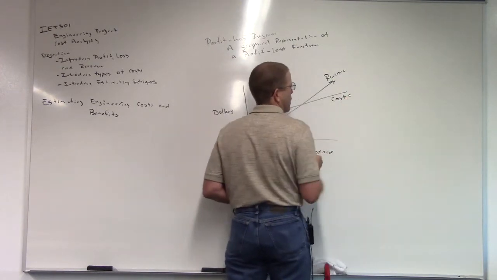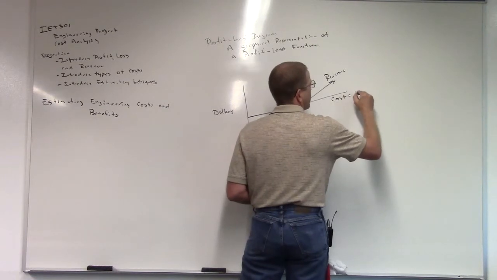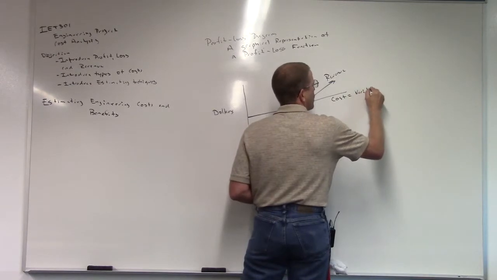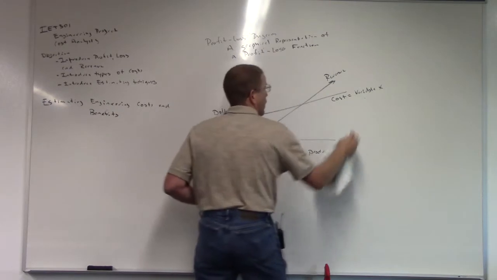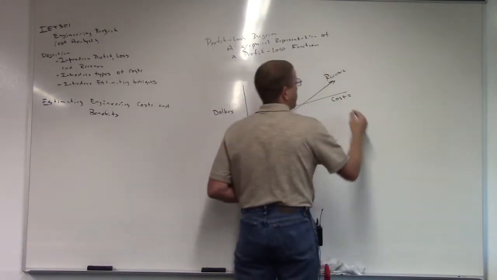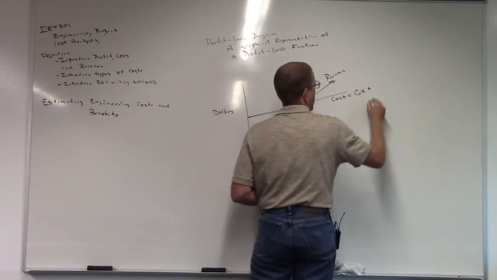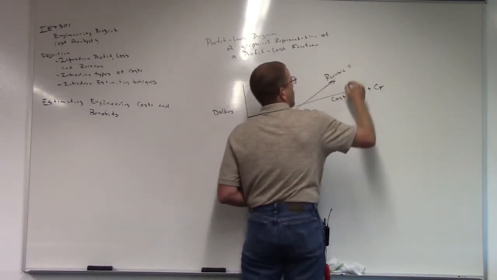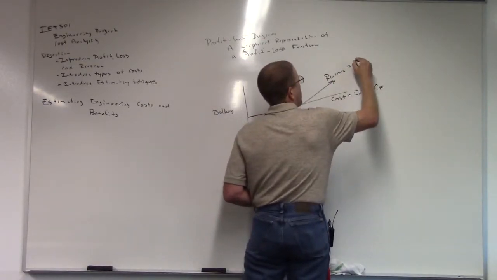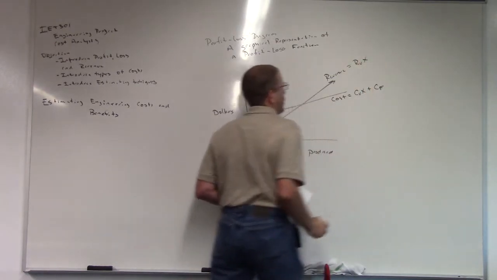And remember, cost is equal to the variable cost times the number of products produced. So C sub V times X plus the fixed cost. The revenue then is going to equal the per unit revenue, so R sub U times the number of units produced.